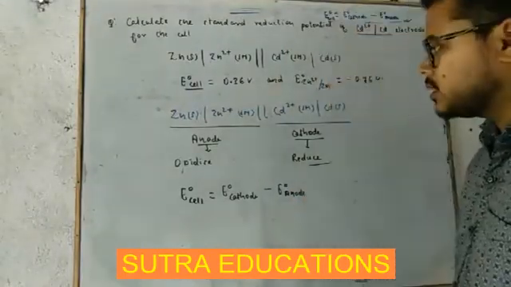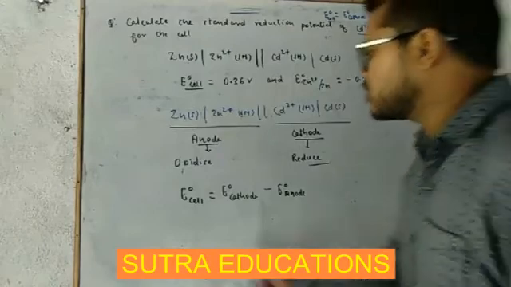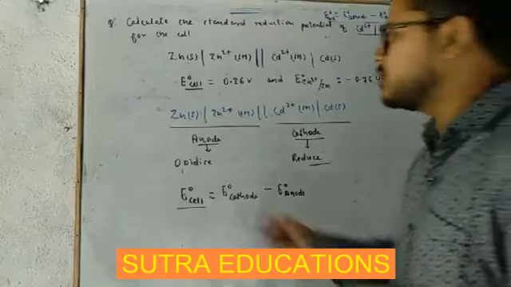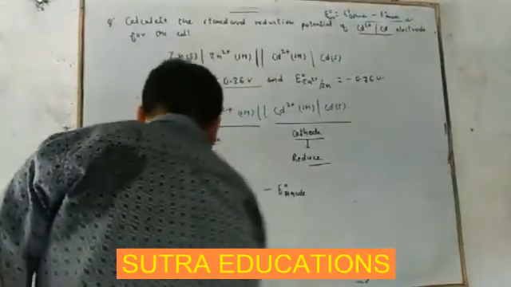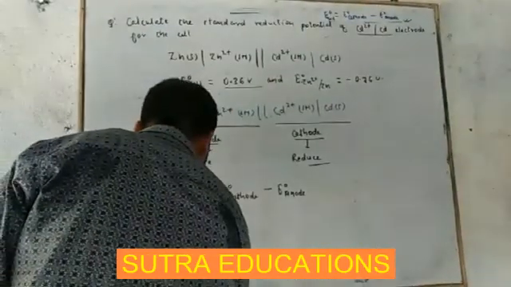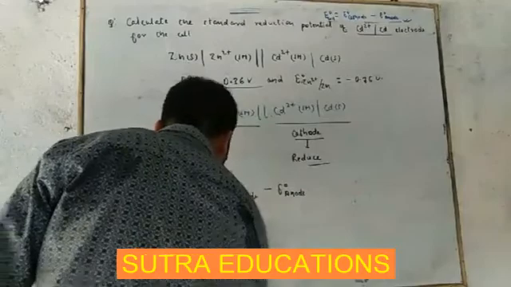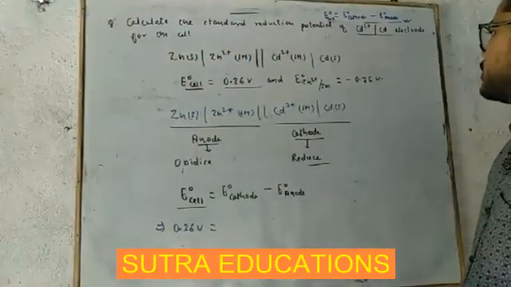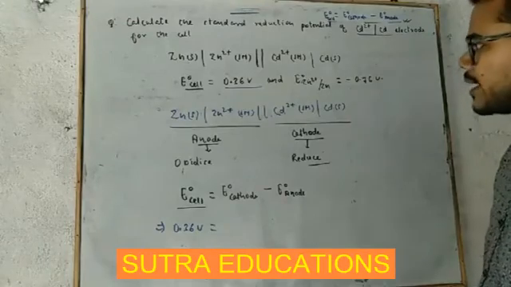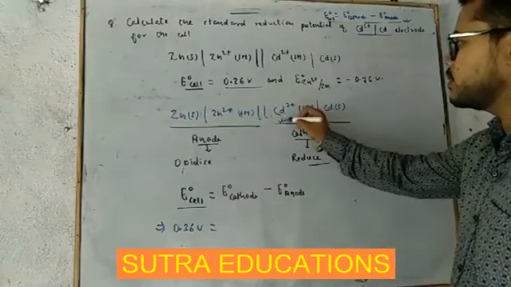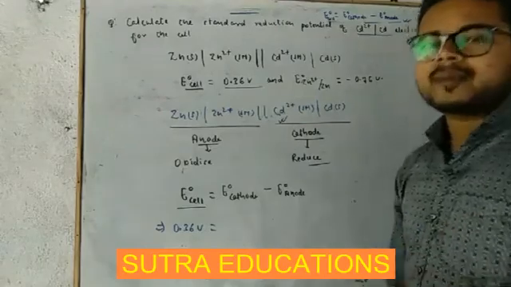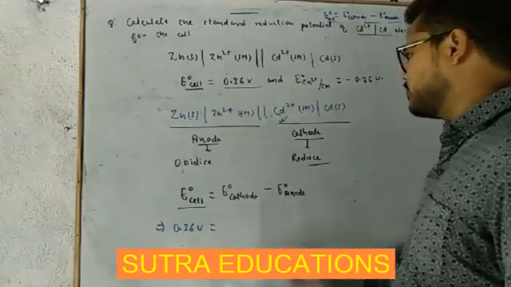This time we have given E naught cell, and it is equal to plus 0.36 volt, so 0.36 volt is equal to E naught cathode. Now we know cathode is this cadmium. Cadmium is acting as cathode here. This is cell reaction.